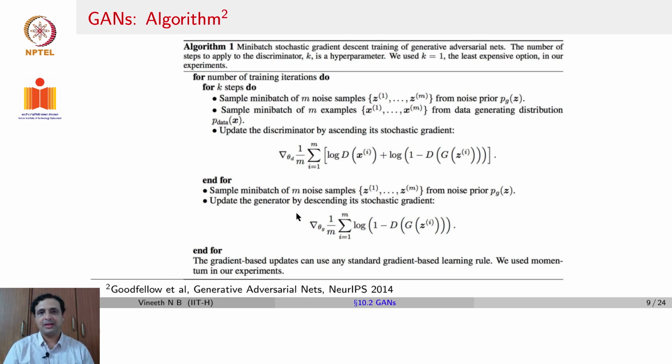One point here is, what does it mean for such a network to converge? So far, whenever we had a loss function, we always wanted to minimize the loss function and wanted to ensure that the loss goes to 0.